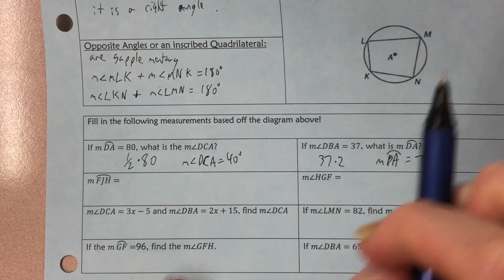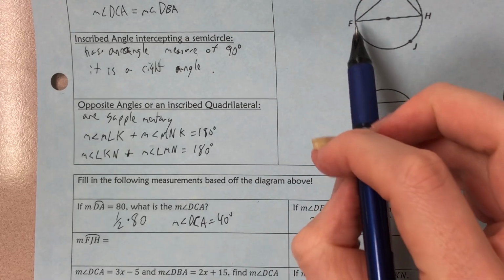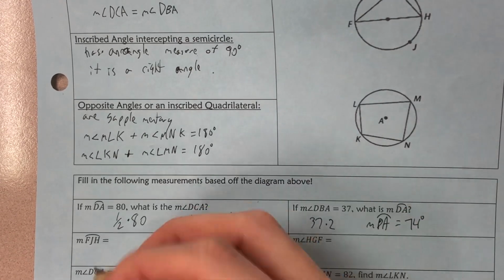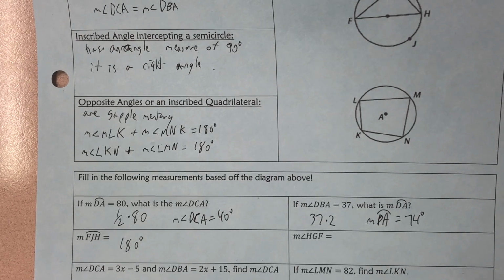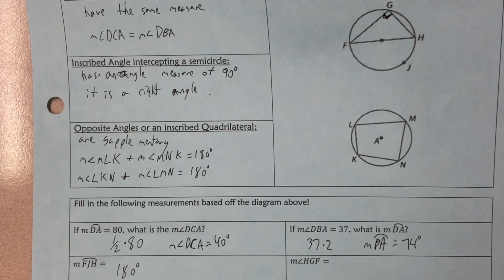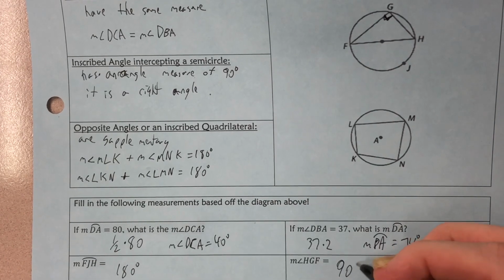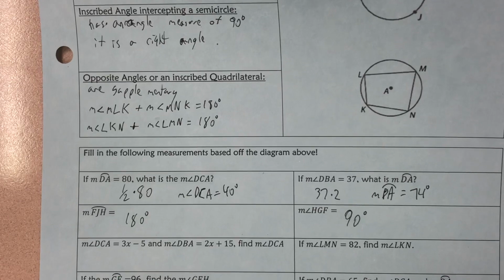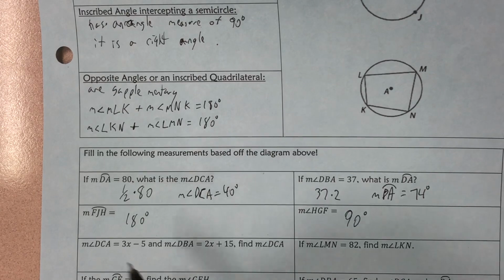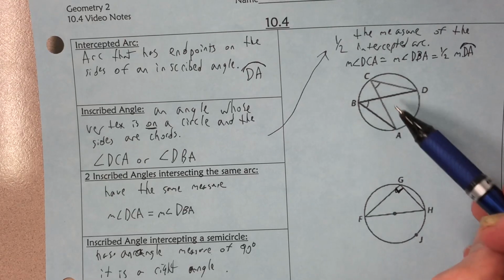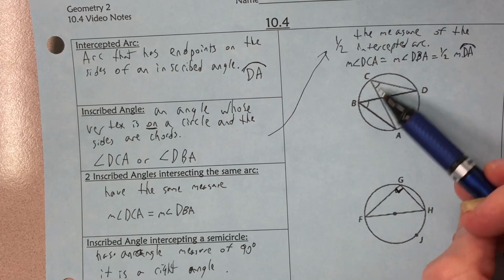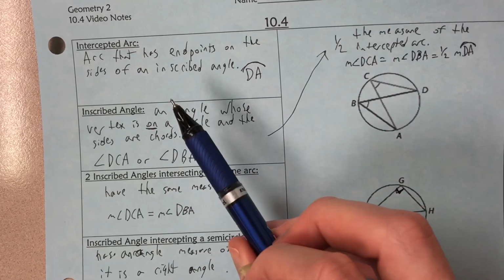Then in our next picture, we're asked for the measure of arc FJH, which we know since it's a semicircle should be exactly 180 degrees. Then we're asked for the measure of angle HGF, which we know from what we marked on the picture is exactly 90 degrees. Then we're going back up to the top, where DCA and DBA are these two angles here. We know these two are equal to each other because they both intercept the same arc.